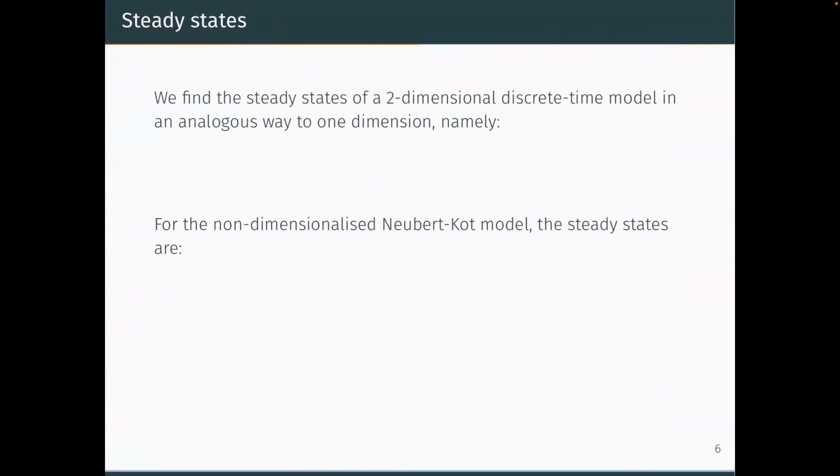Okay, steady states. So just like in one dimension, we can write down steady states for our discrete time systems in 2D. So we have a pair of states x star, y star.